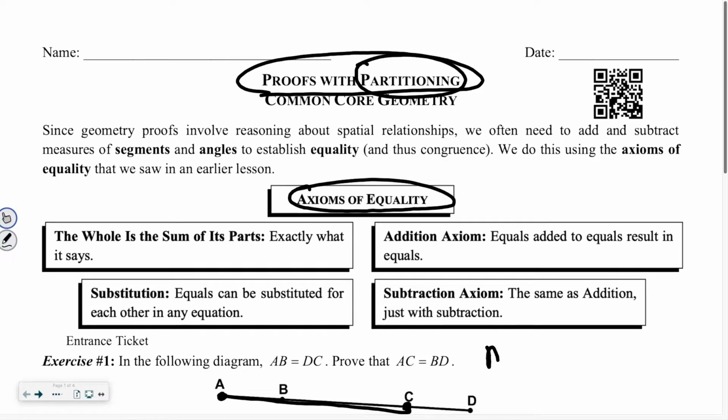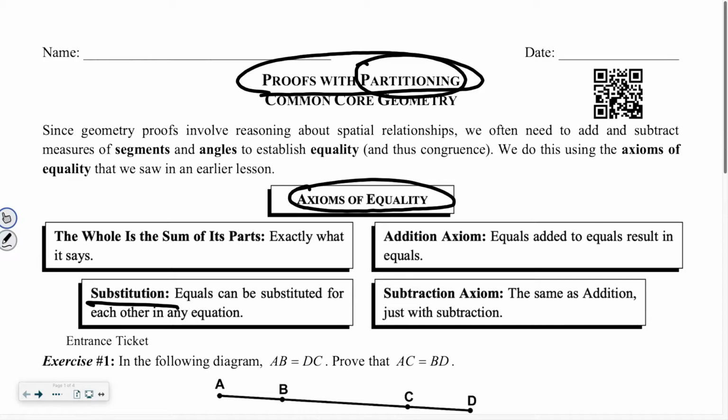I can say AC is the same as AB plus BC. That is the whole. The whole is AC, is the sum of its parts. Done.